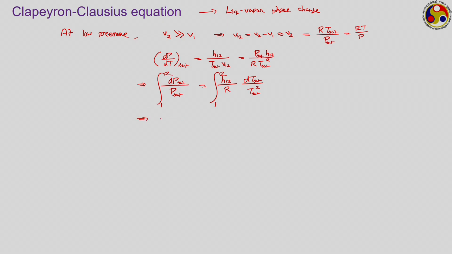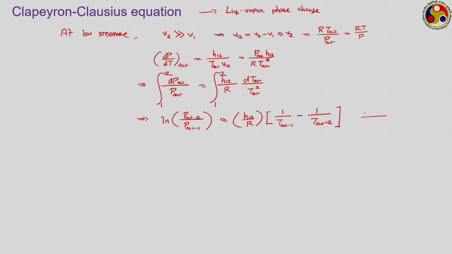Then this becomes log of P sat at the second level minus log of P sat at the first level, approximately equal to, because H12 we are assuming to be a constant, H12 by R into 1 by T sat 1 minus 1 by T sat 2, the square being dropped because of integration.